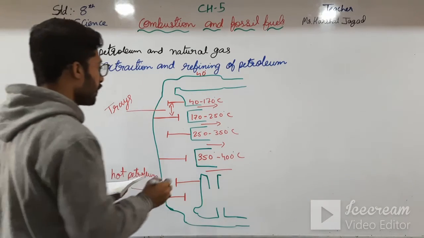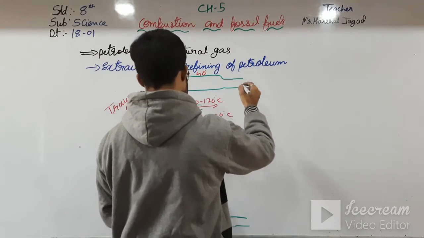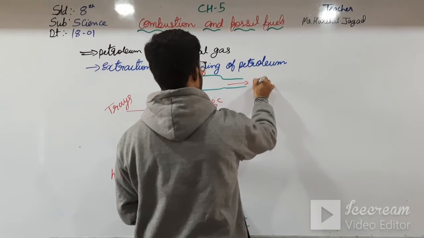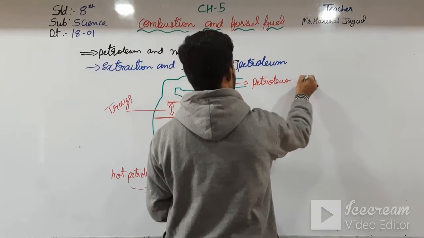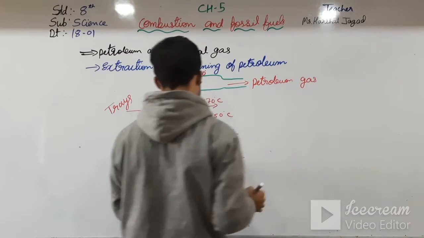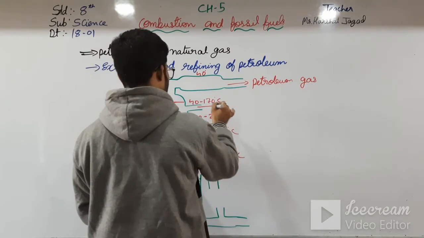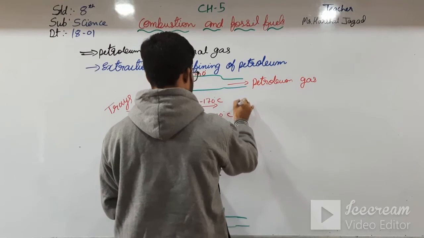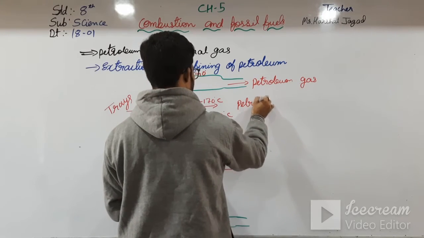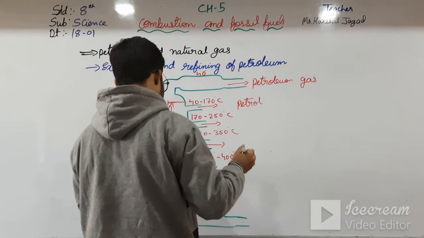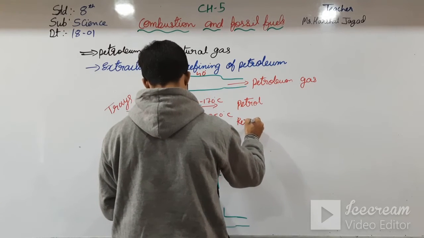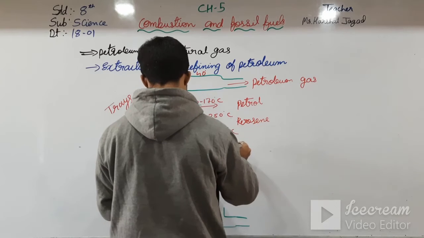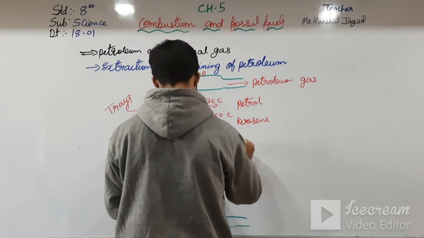Okay, then from here what is extracted is petroleum gas. Petroleum gas is extracted from here. Then from here petrol is extracted. Petrol, and from here is kerosene. From here is diesel.